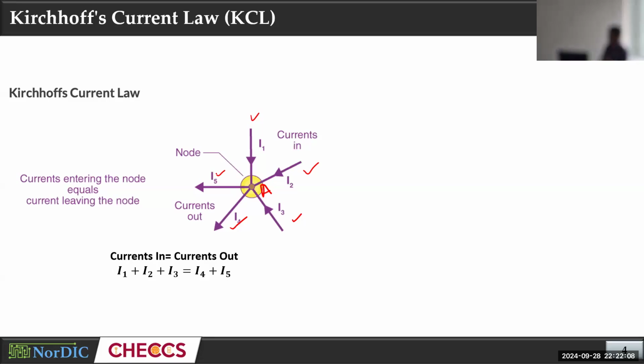So according to KCL, the sum of I1, I2, I3, which are entering, will always be equal to the sum of I4 and I5. Okay. So that's the formula, right? The sum of all the currents entering will always be equal to the sum of all the currents leaving the node. Is that clear? Okay, so that is pretty simple actually.